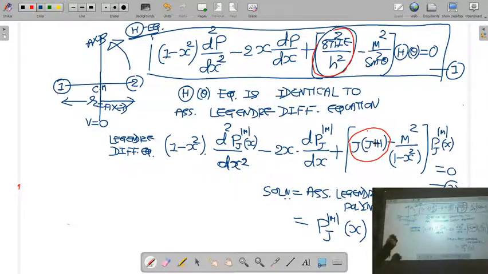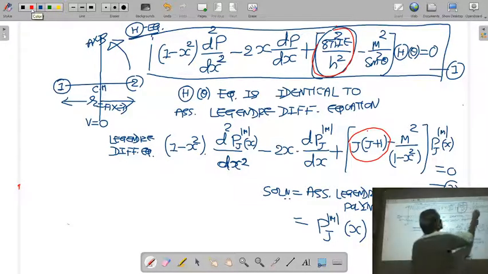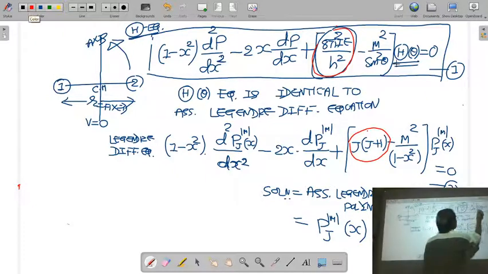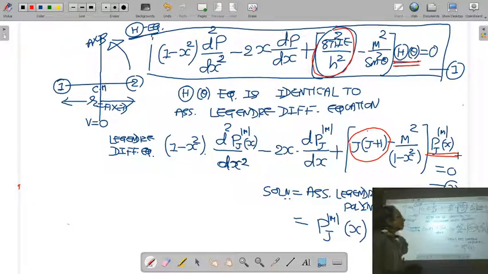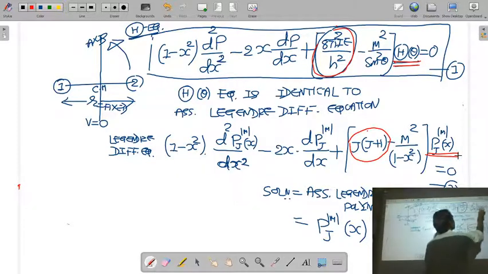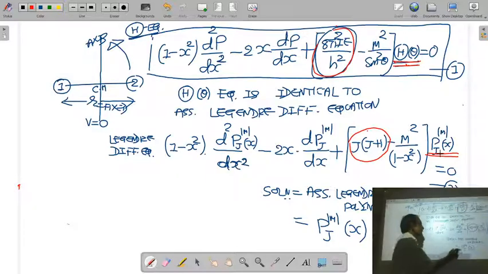Now if you compare the theta equation of the rigid rotator with the standard Legendre differential equation, you will come to know that the solution of the theta equation is nothing but the associated Legendre polynomial, which is denoted by P_J^|m|(x).